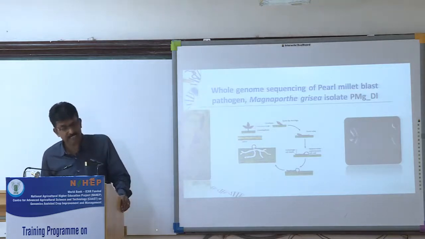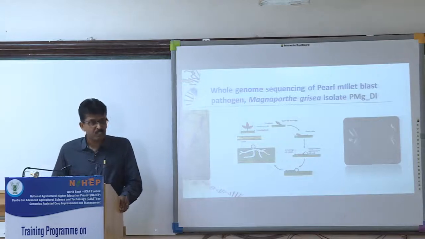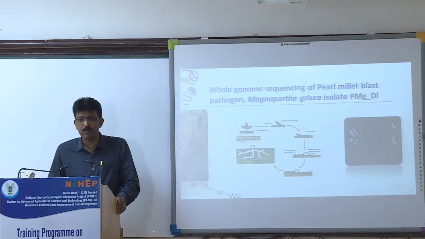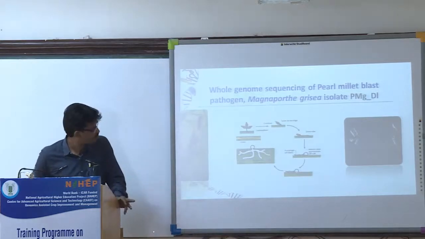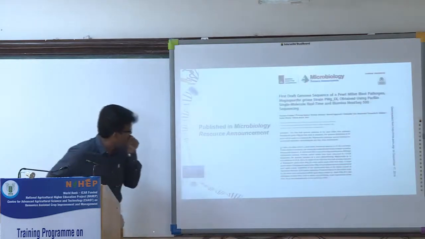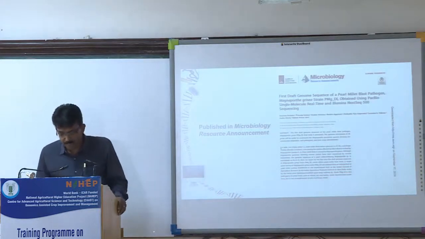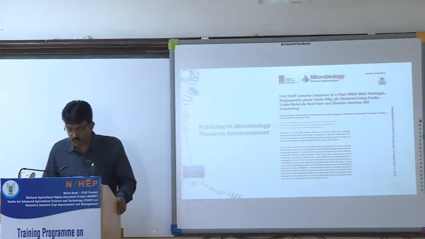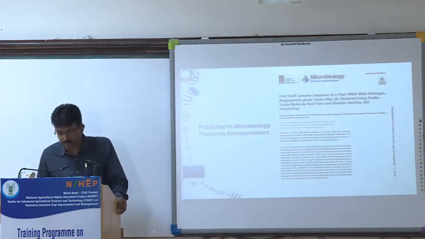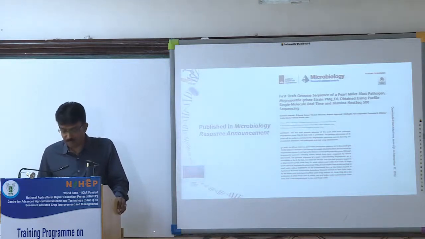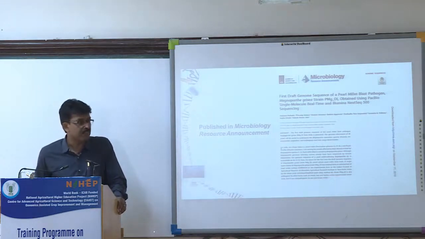The reason is that when we started this project, there was no information about pearl millet blast infecting strains, particularly genomic data. And we published in Microbiology Resource Announcements the first draft genome sequence of the pearl millet blast pathogen Magnaporthe grisea, strain PMG-DL, obtained using PacBio single molecule real time and Illumina NextSeq 500 sequencing.